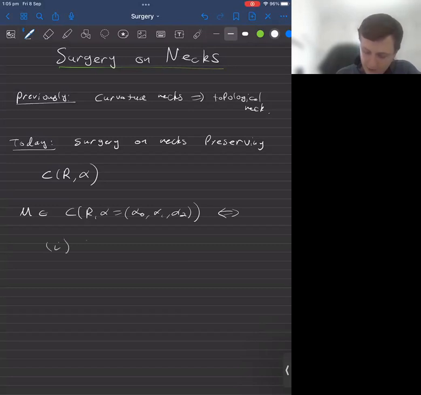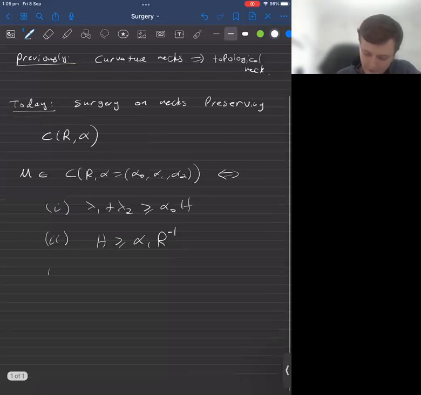One, it's got this kind of pinched convexity going on. Two, we want it to be mean convex in a controlled way. And three, we want the volume to be controlled as well.